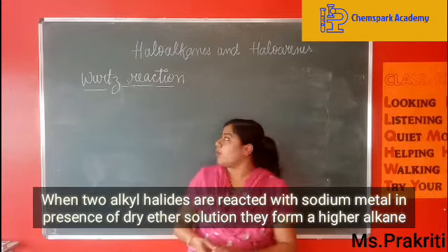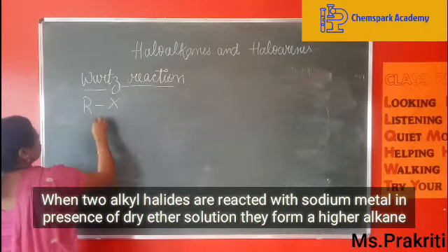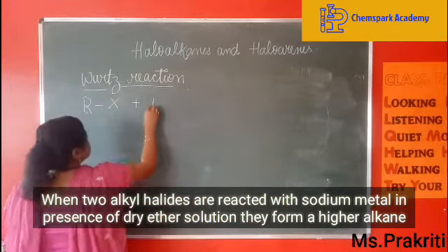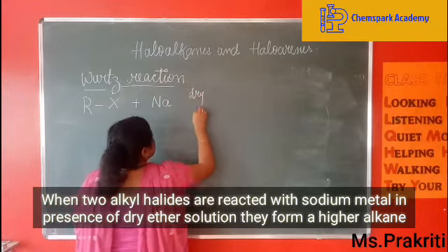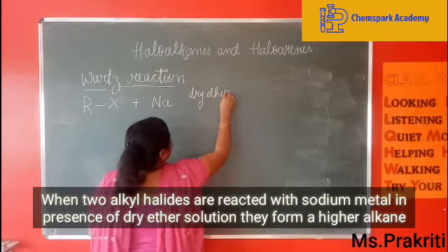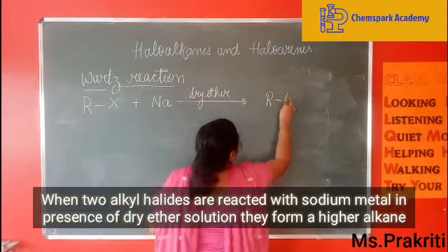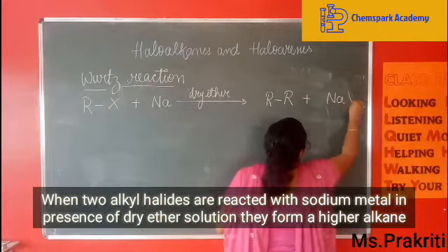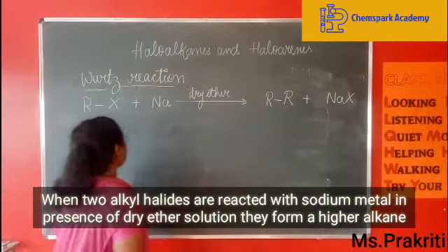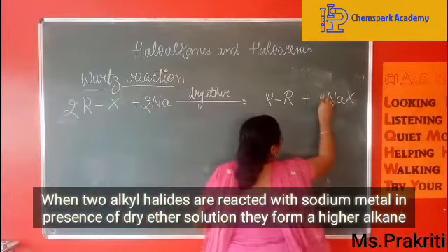So if I write the reaction, it is alkyl halide plus sodium metal. The catalyst is dry ether and it will form RR plus NaX. For this I need two molecules on both the sides.